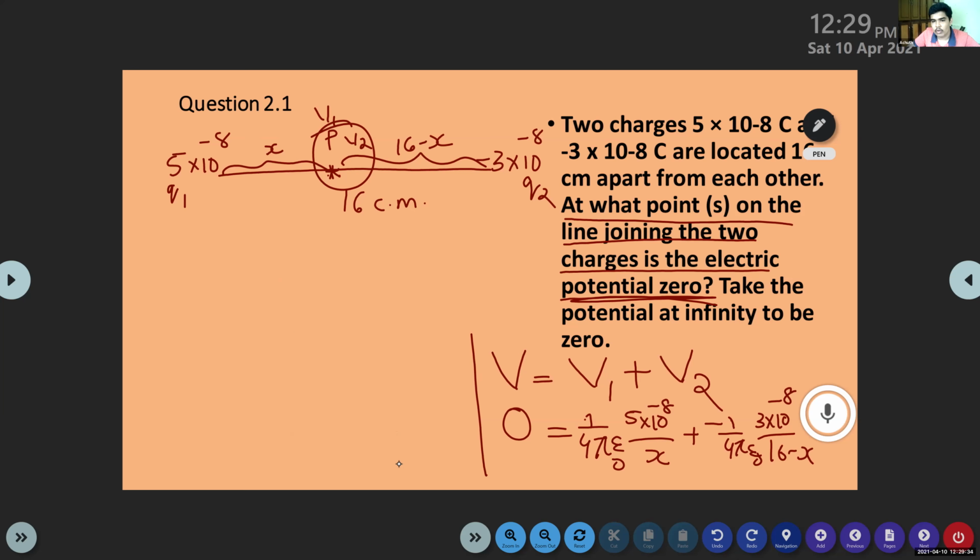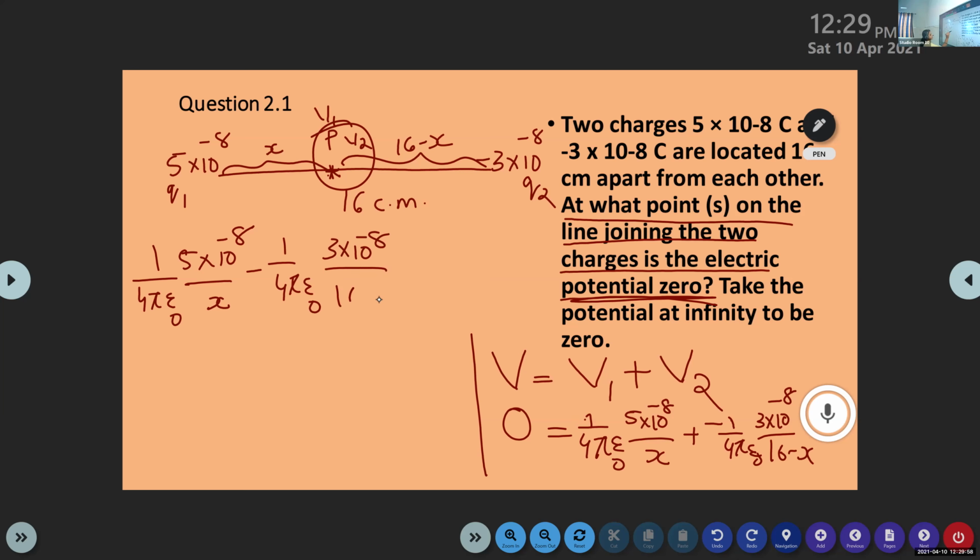Ma'am, we can take the common. Yes. Before that, I will write it once again: 1 by 4 pi epsilon 0, 5 into 10 raised to minus 8 divided by x, minus 1 by 4 pi epsilon 0, 3 into 10 raised to negative 8 divided by 16 minus x, equal to 0.